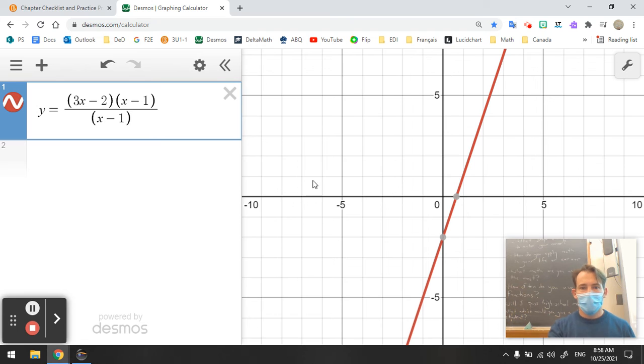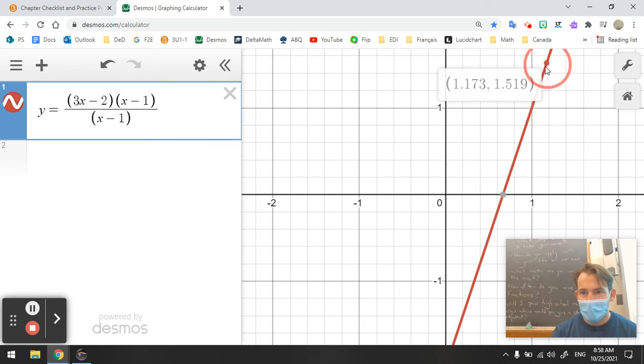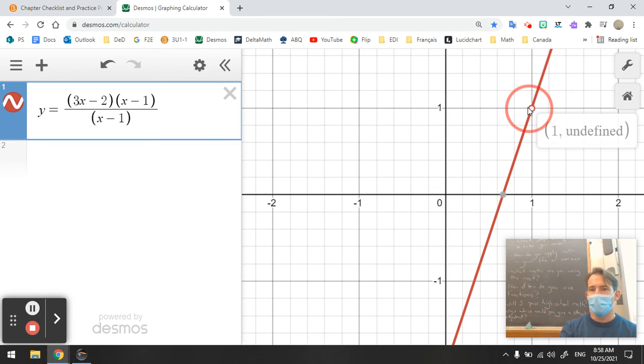So here's my line, 3x minus 2 multiplied by x minus 1 over x minus 1. If I look for this point, x is equal to 1 here, and I come down, notice that at that point, when I investigate it, it says 1 undefined. It has a single undefined point there at 1, 1.